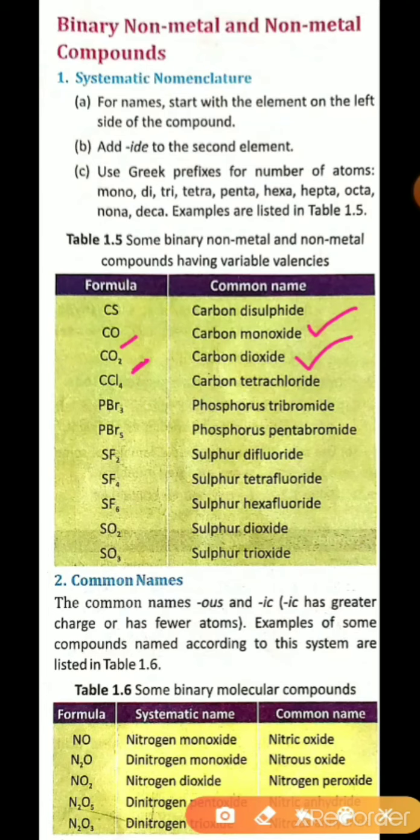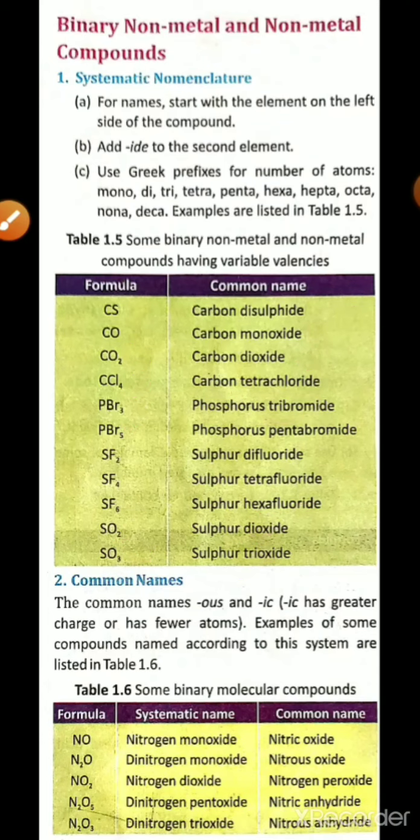For 4 chlorine atoms it is written tetra, for 3 it is tri. For 3 oxygen atoms it is written tri, for 2 it is di, and for 6 fluorine atoms it is written hexa. So in this way, using the Greek prefix, we can name some compounds.